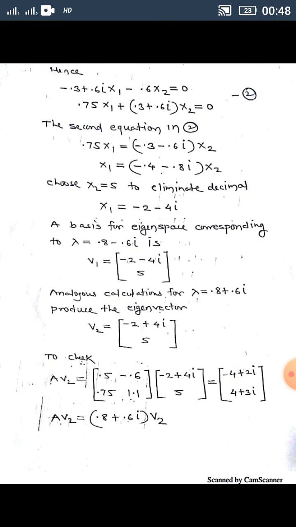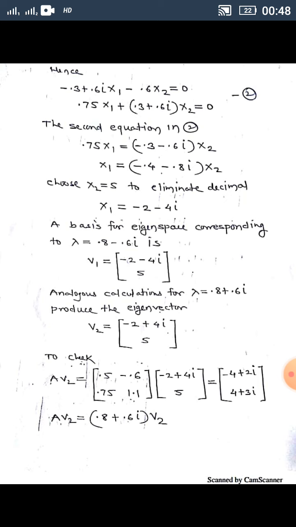From the second equation we can write 0.75 x1 as minus 0.3 minus 0.6i times x2, the plus becomes minus on that side. Now we divide by 0.75 throughout. So x1 becomes minus 0.4 minus 0.8i times x2 as a simplification.